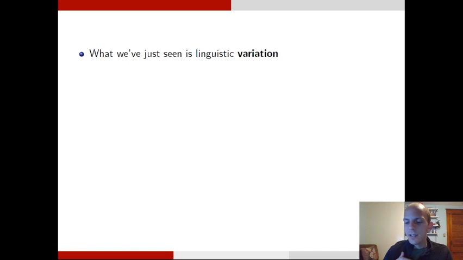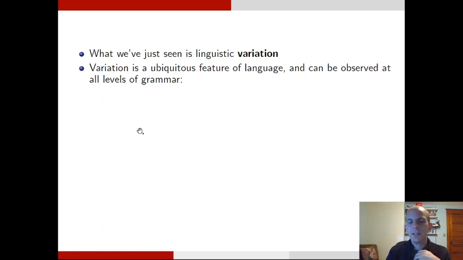And we find this kind of linguistic variation not just amongst words, lexical variation, like firefly versus lightning bug, but we find it all across the subdisciplines of language, all levels of grammar, right? So we find phonological differences based on where people are from.